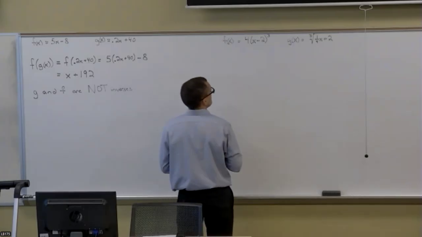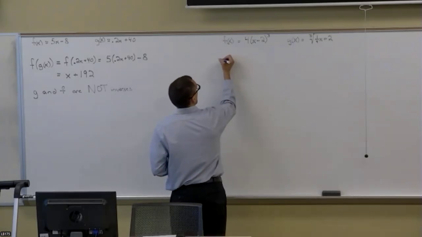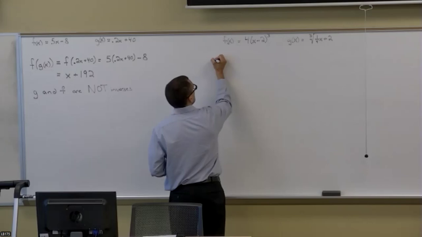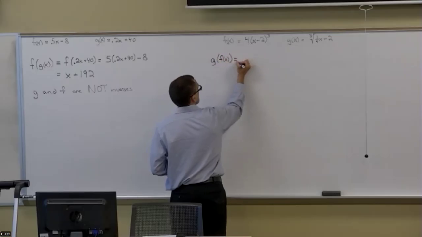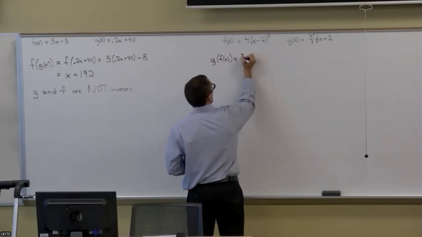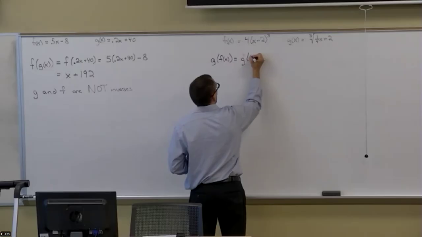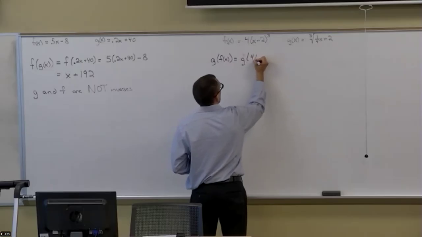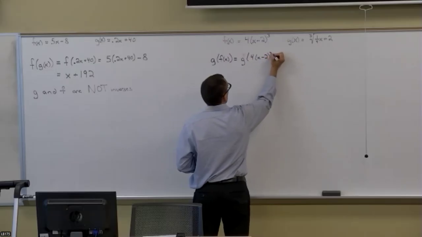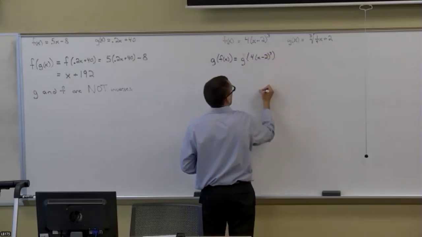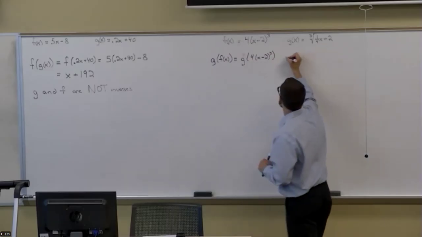Let's look at these two. I'll do it this way: G of F of x. I have to plug in 4 times the quantity x minus 2 raised to the 3rd power into my function g.